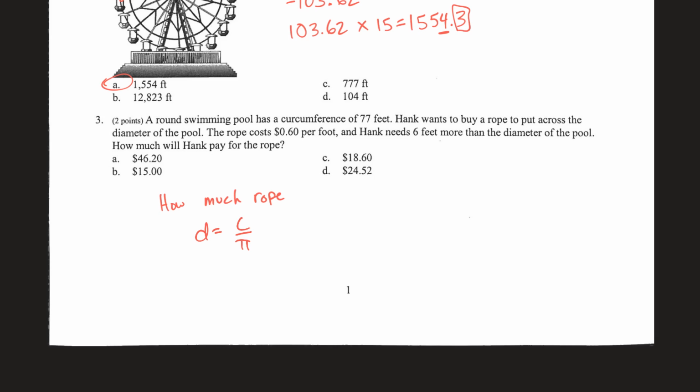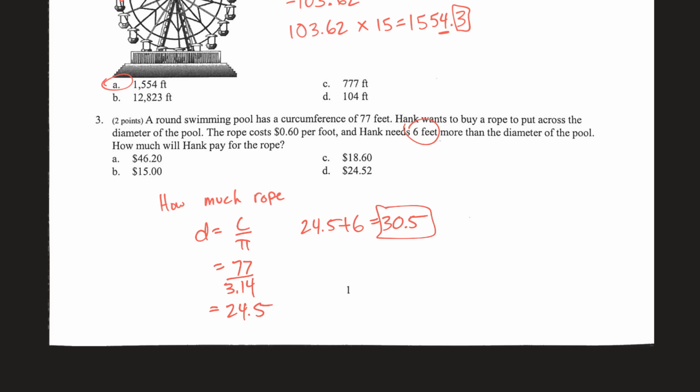So we'll take that circumference, which is 77, and divide it by 3.14. 77 divided by 3.14 is 24.5. It's a much longer decimal than that, but I'll just go with that. He needs 6 more feet than the diameter, so we have 24.5 plus 6, which is 30.5. This is how much rope he needs, between 30 and 31 feet.